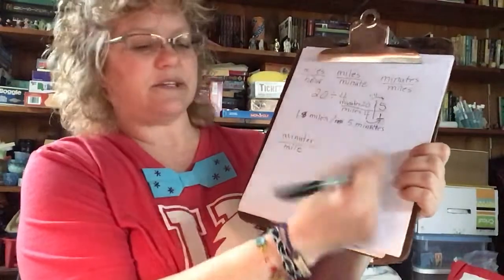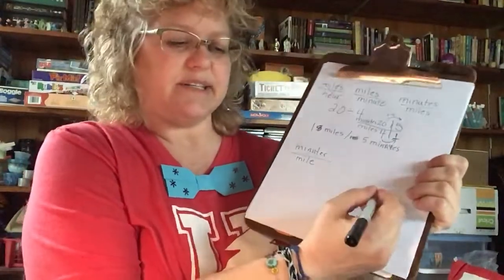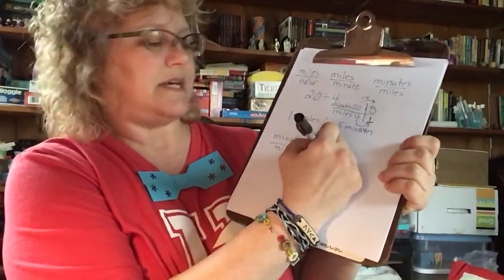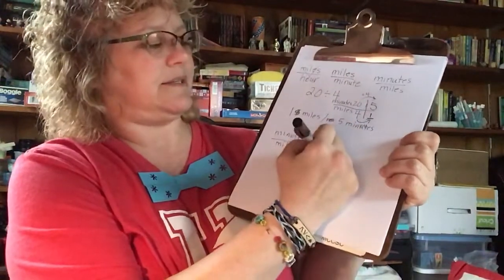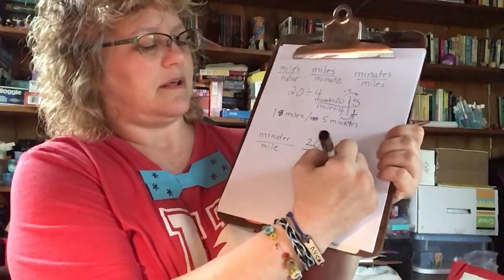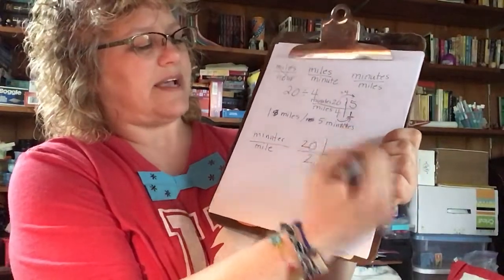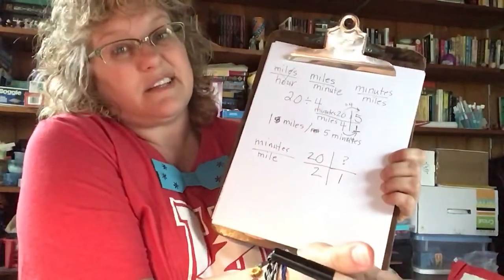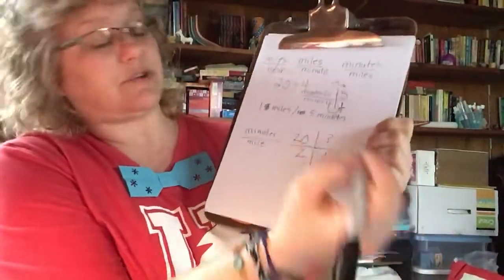All right, minutes over miles. And I'm going to say if they went 20 minutes for 2 miles, I want to find out this right here, right? I want to know how many minutes did they go in 1 mile.